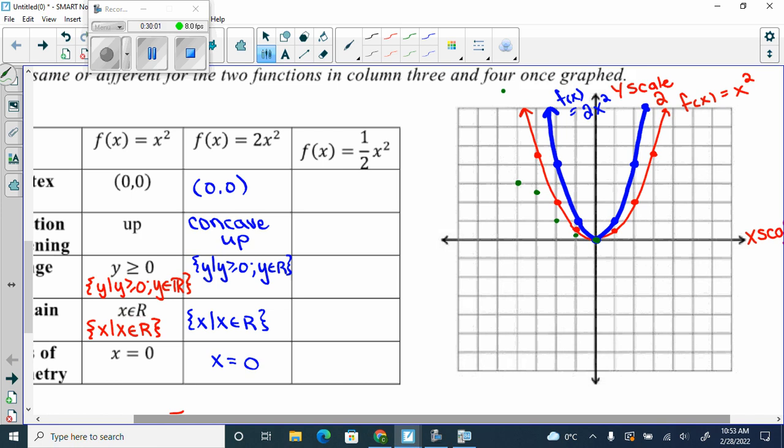Wait, that's not true. (4, 8). And then this one's going to be (1, 0.5). So I'm just pulling these off the table of values. (1, 0.5), (2, 2), (3, 4.5), and then (4, 8).